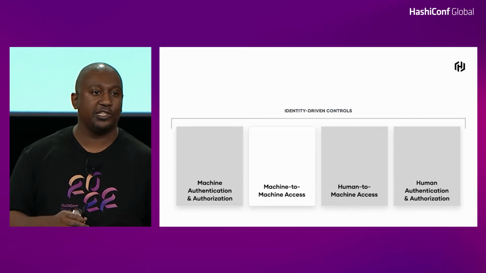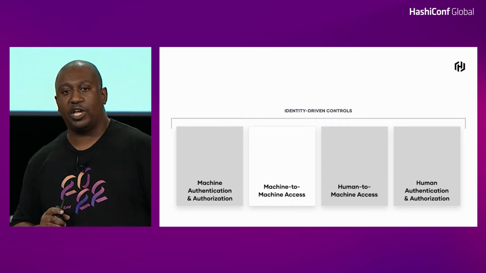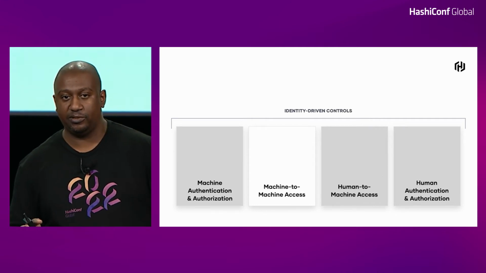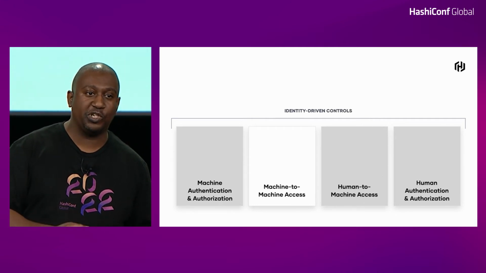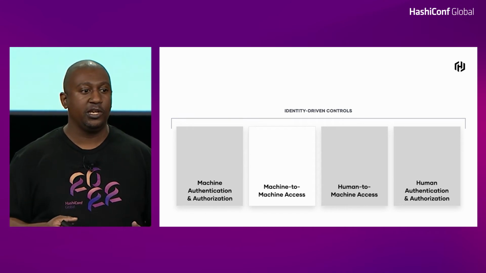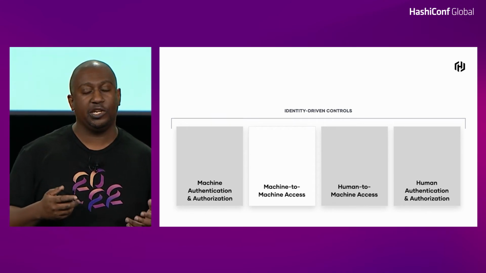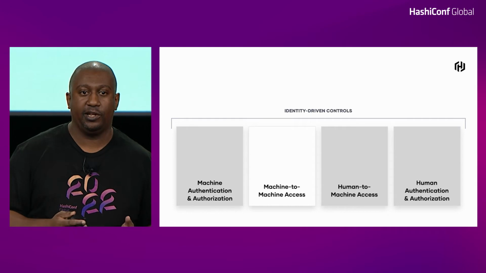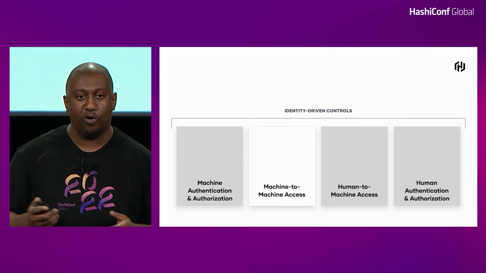This is almost like a firewall saying which things can speak to which things and which things cannot speak to which things, right? So when we think about an entire application stack, not all parts of your application should be able to access a database. The chances are there's only certain parts which need to be able to read and write from a database. So when we think about machine-to-machine access, it's about governing that flow of information and communication.